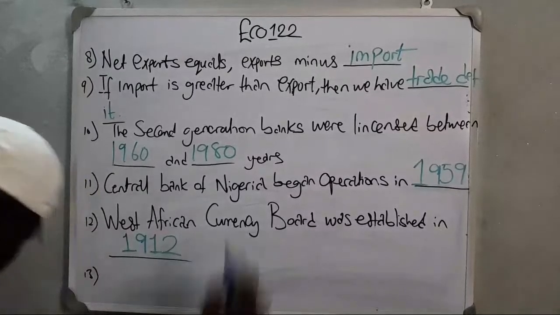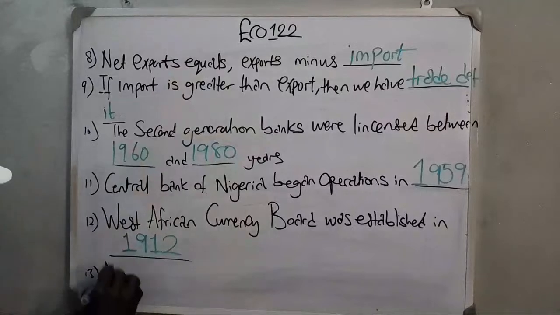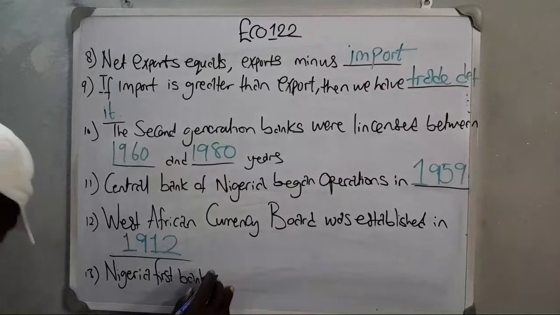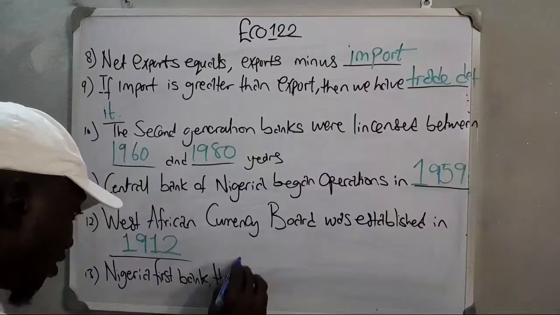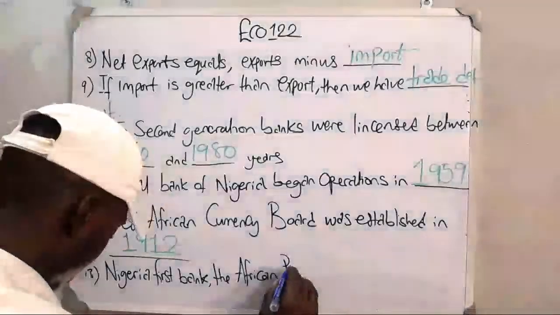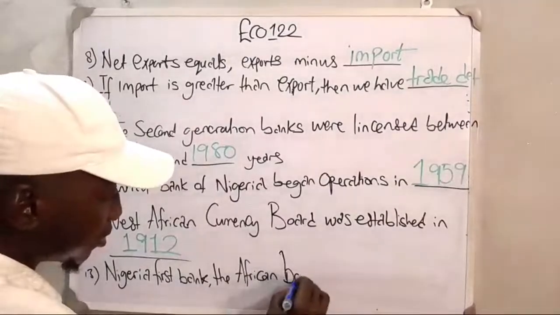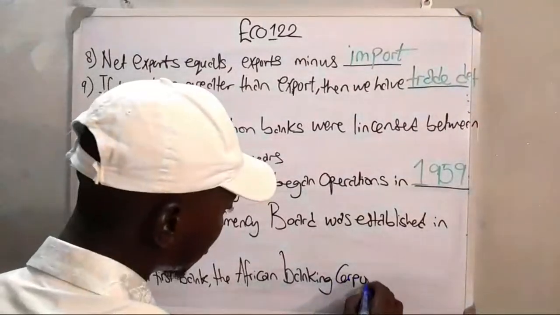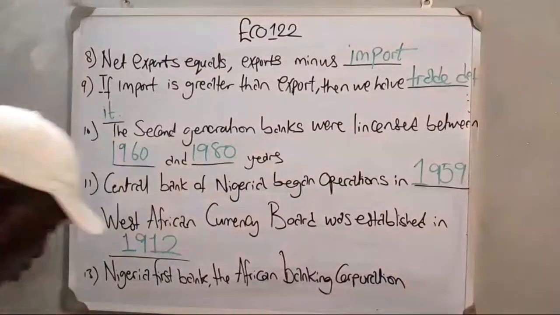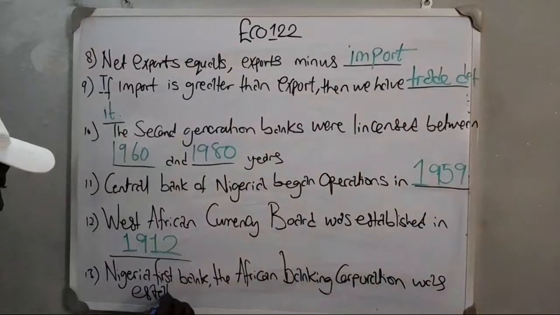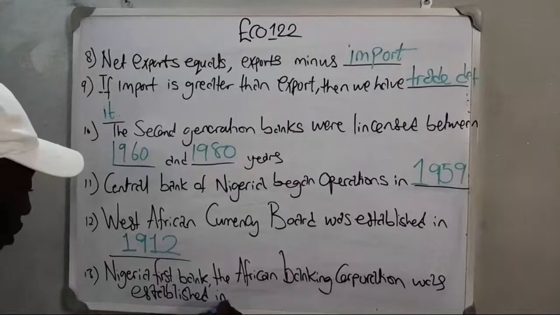All right. Nigeria's first bank, the African Banking Corporation, all right, was established in dash.